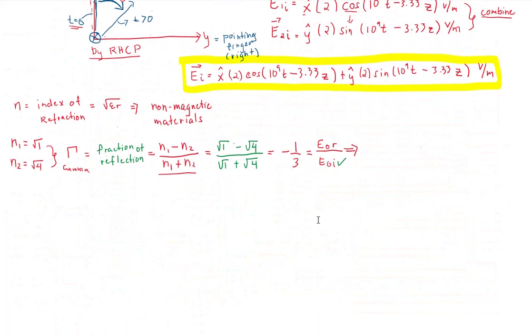We don't have E naught of r, but we are going to use this ratio to figure that one out. So E naught of r is just equal to negative 1/3 times 2, that's from E naught of I, and that just gives us negative 2/3.